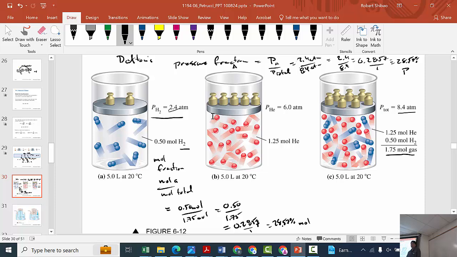And the rest, since there are only 2 things in this mixture, has to be helium. And so it's got to be 71.43% helium.